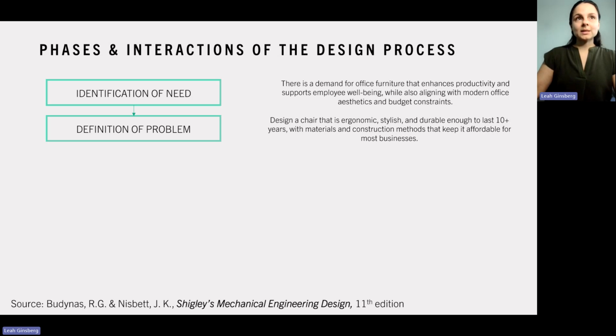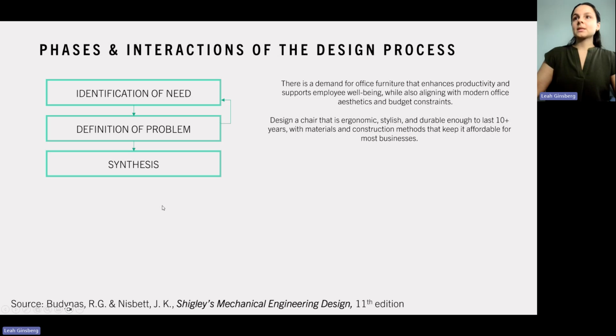So see how the difference between the identification of the need and the definition of the problem steps is really in the way that we're defining the variables and the function parameters of our design, what we're aiming to optimize or improve. And then, as we said at the beginning, this is an iterative process. So through defining your problem, you may re-identify a new need or a different need that you didn't identify initially and add that to the definition of your problem.